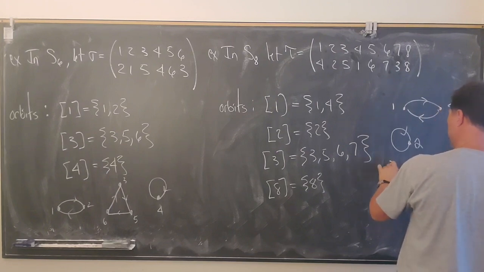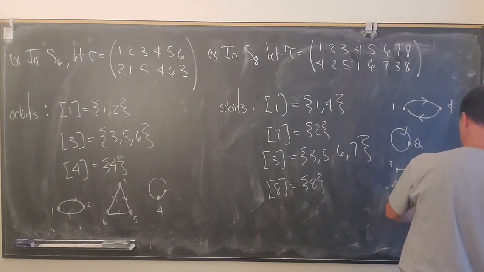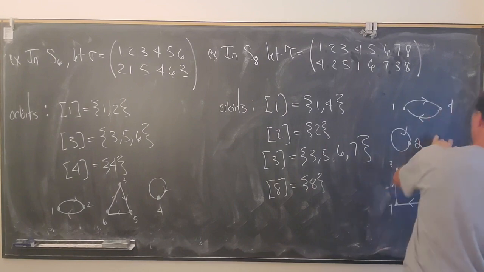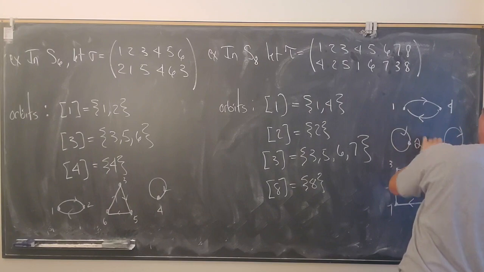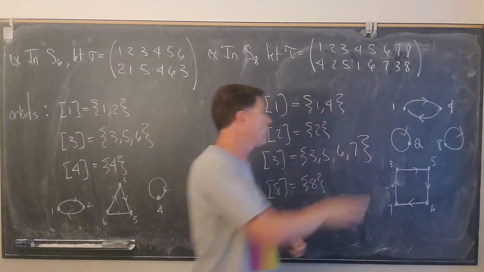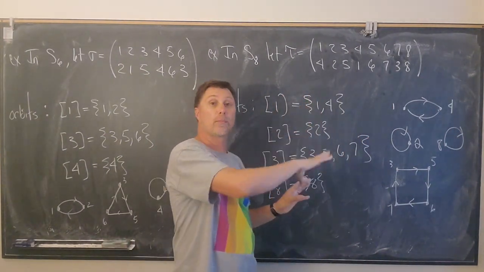So 3, 5, 6, 7, and then 8, let me put it over here, 8 stays put also. Right, so here's a picture of what tau does to the numbers 1 through 8.